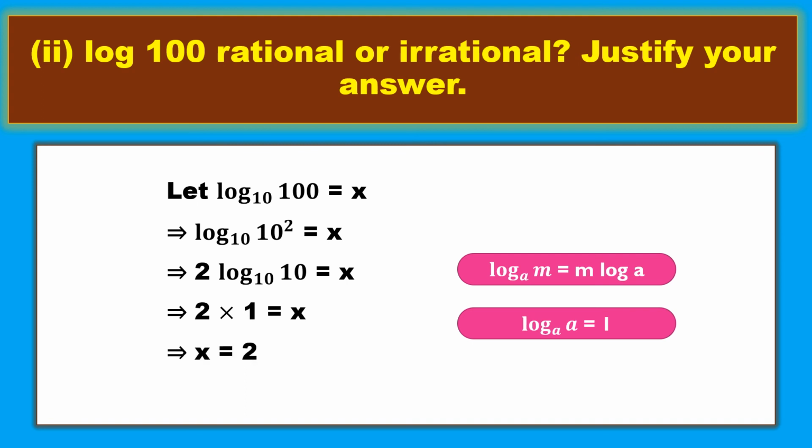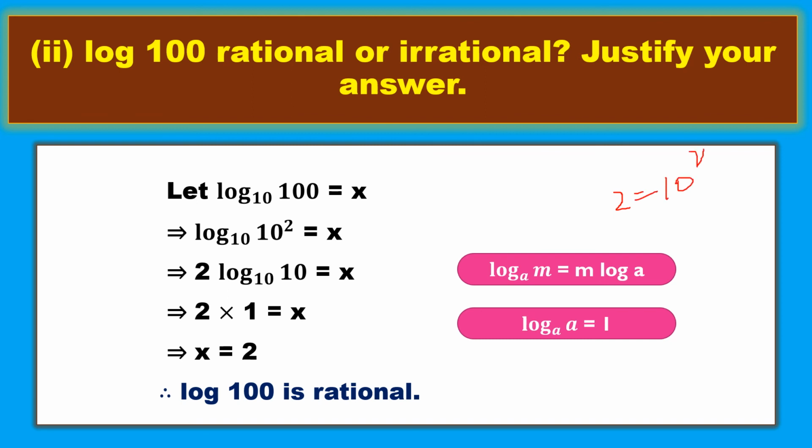Now we got one value, we got x, right? So if the x value is found, we can say that it is a rational number. Means we got some x value, so it is a rational number. So we can say that log 100 is rational. In the previous problem we got 2 equals 10 power x.